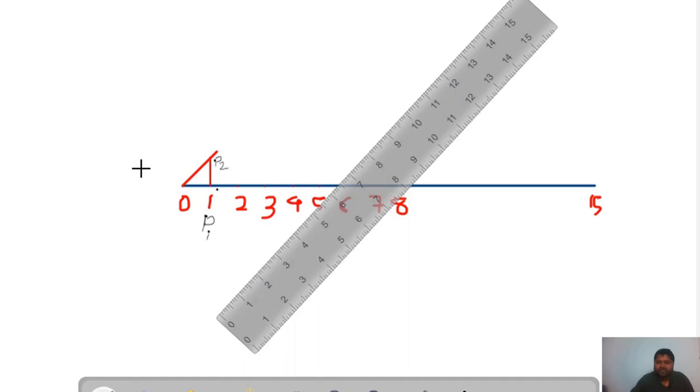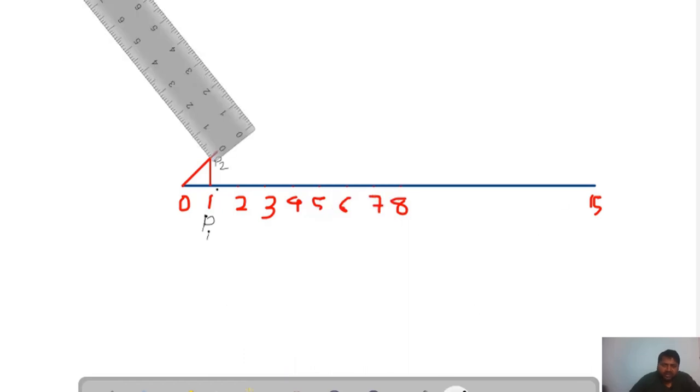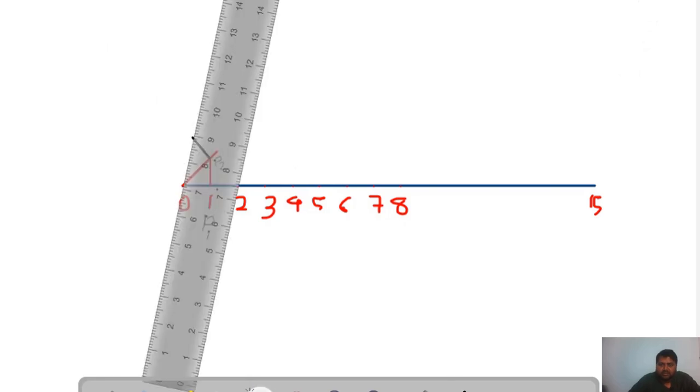We first fix the scale, and you see that the scale is appropriately placed here. Now we draw a perpendicular on OP2 with 1 unit. This is the perpendicular line, and then we join this for P3.